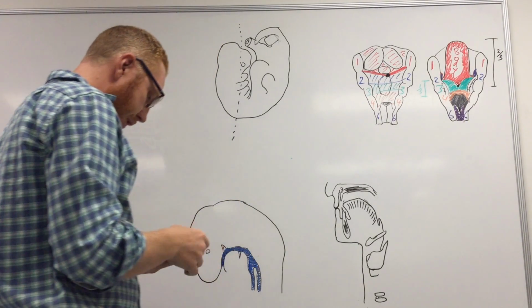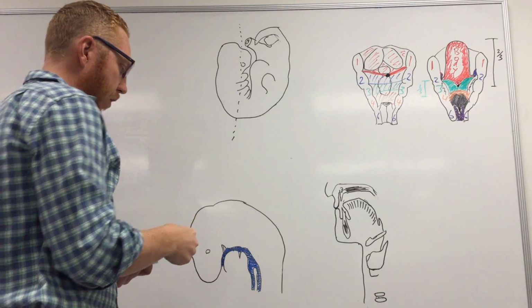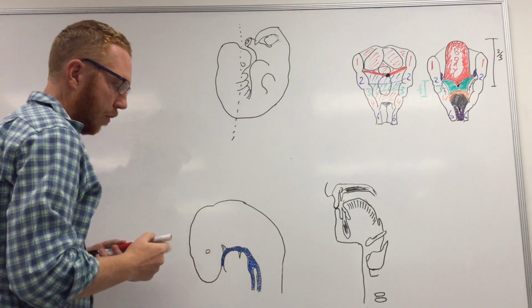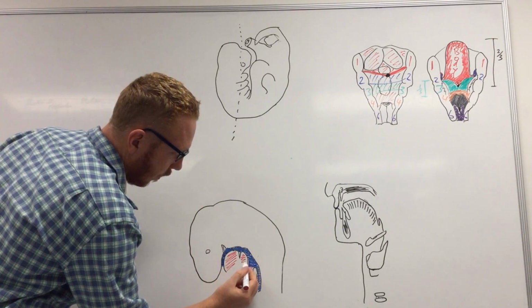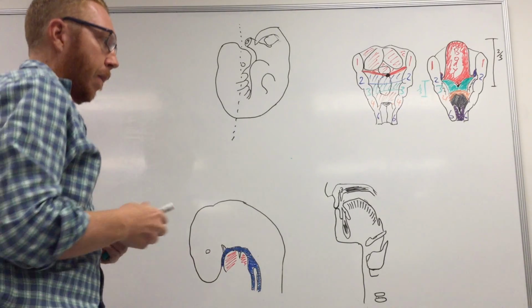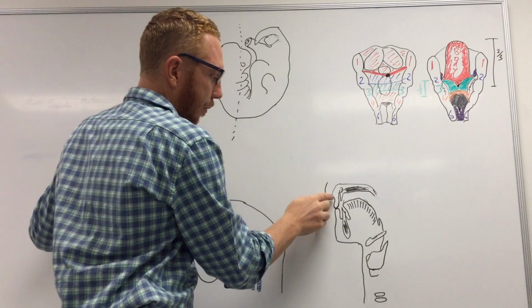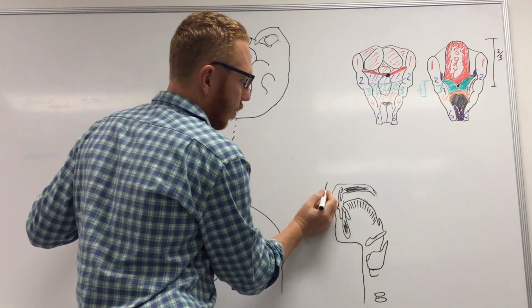Now the thyroid isn't too complicated either. What you can see here is that's the gut tube, so that's the endoderm. In here we've got the tongue in red, like so. If you look at this image, this is in a sagittal cut. There's the top lip. So this is the philtrum.